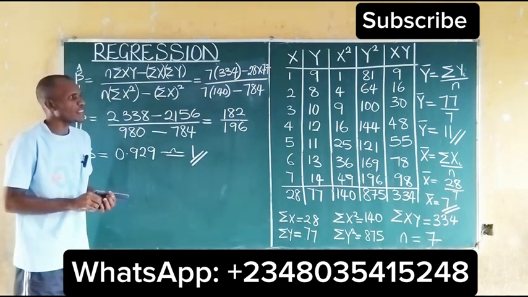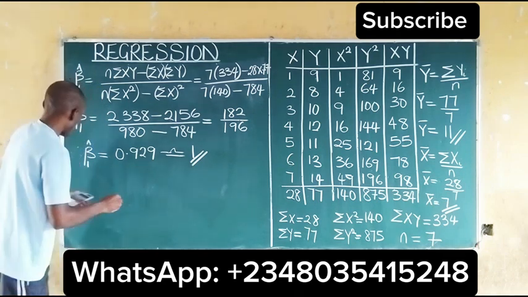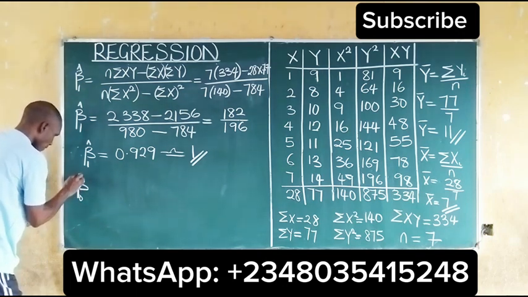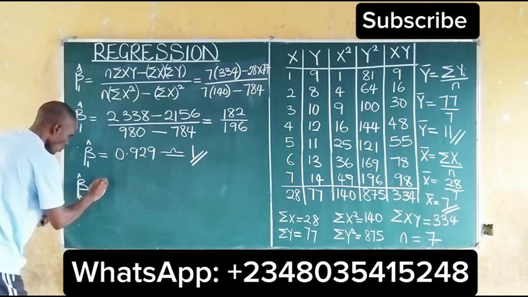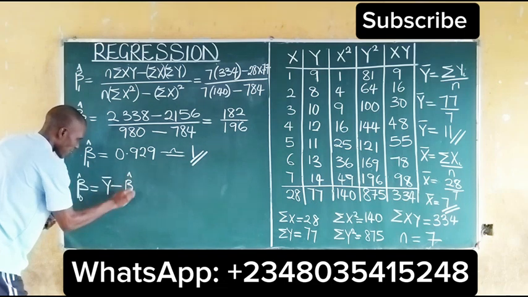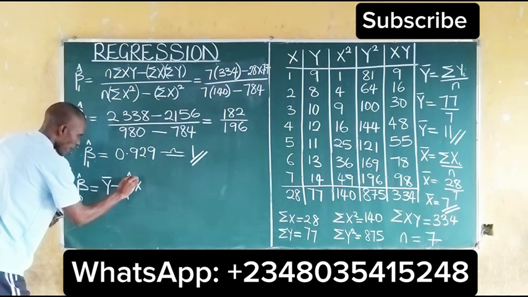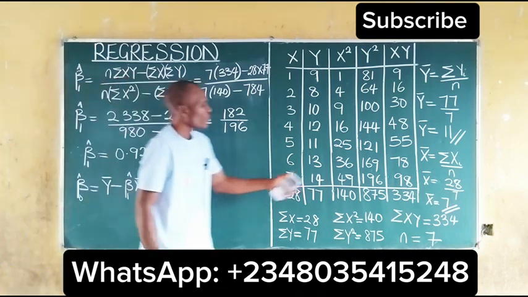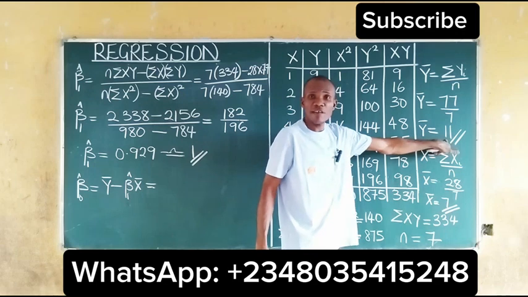So how do we calculate for our B0? Of course, we know that our B0 estimate is equal to Y bar minus B1 estimate multiplied by X bar. What is our Y bar? Initially, we calculated our Y bar to be 11.